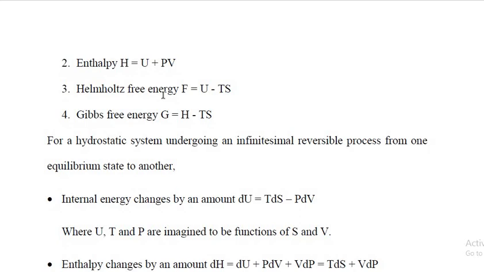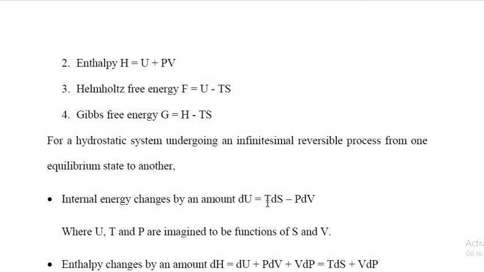Now for a hydrostatic system undergoing an infinitesimal reversible process from one equilibrium state to another, the internal energy changes by an amount dU is equal to TdS minus PdV.